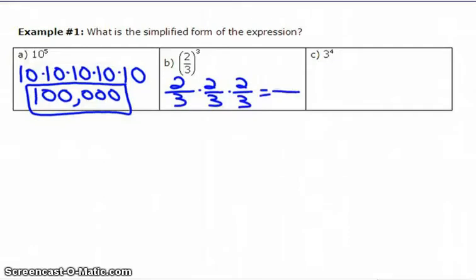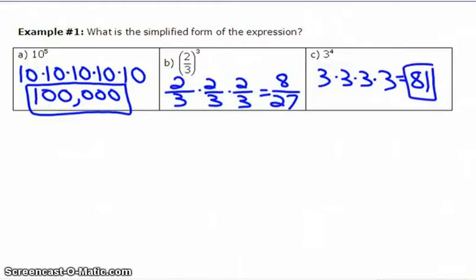So I would do 2 times 2 times 2, which is 8. 3 times 3 times 3, which is 27. 3 to the 4th power would be 3 times 3 times 3 times 3. So 3 times 3 is 9, times 3 is 27, times 3 is 81. So all of these, I was able to get to its simplest form using my exponent rules.